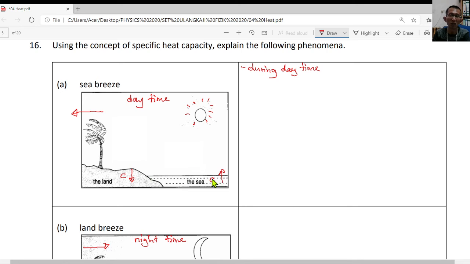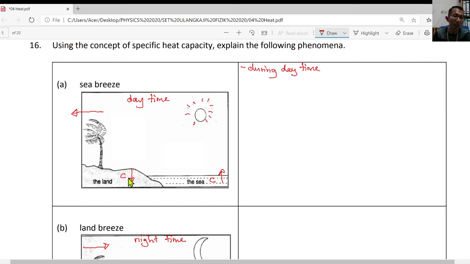So what does this mean? It simply means that the sea can store more heat energy, and the temperature is not significantly increased. But for the land, since it has a low specific heat capacity, it can store very little heat in comparison to the sea.